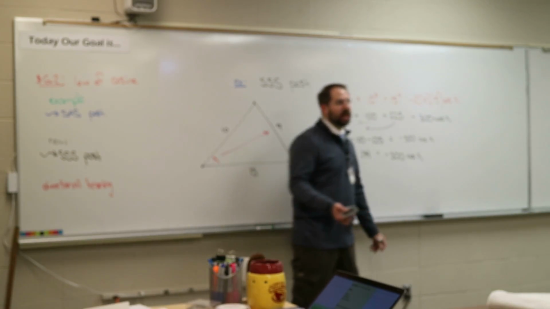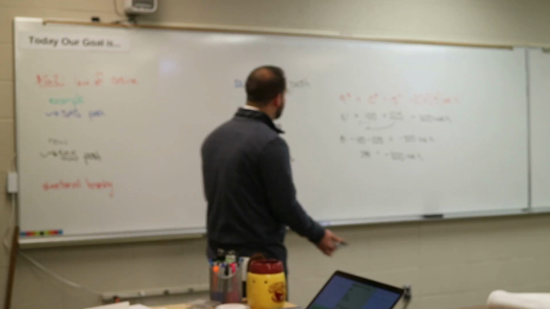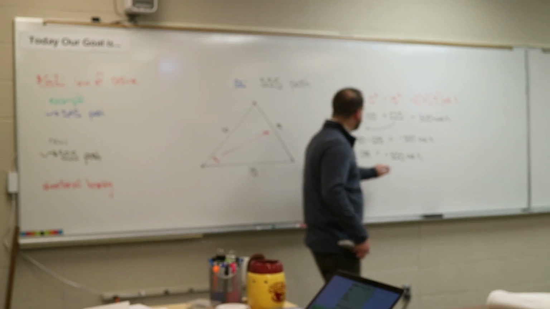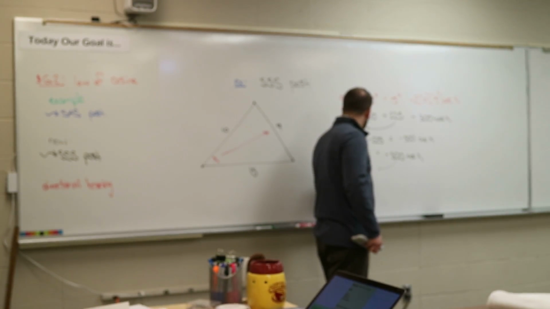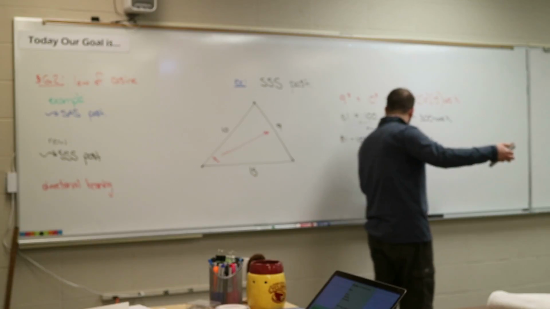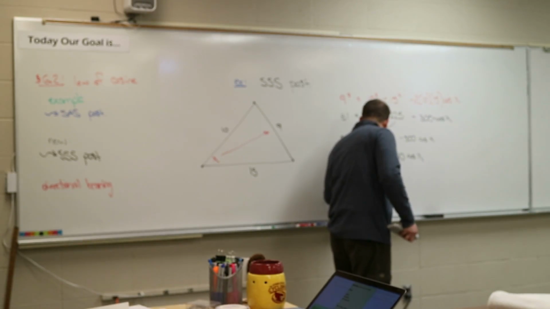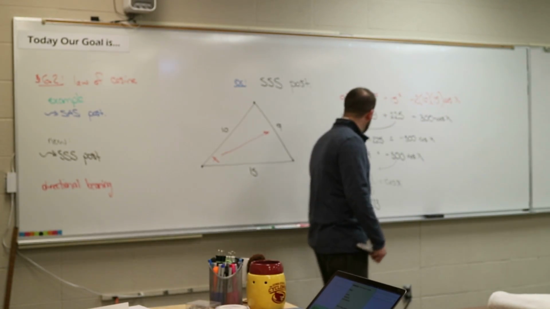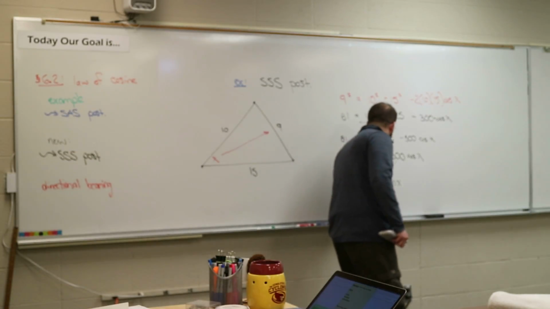We divide the negative 300 across, so if you divide, you'll get a positive number. So 224 over 300 is 0.81333. And then we'll take the inverse cosine.